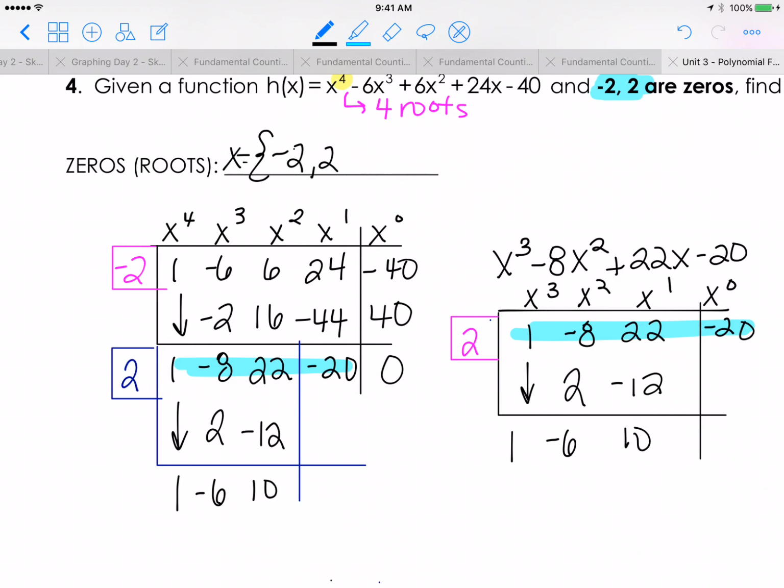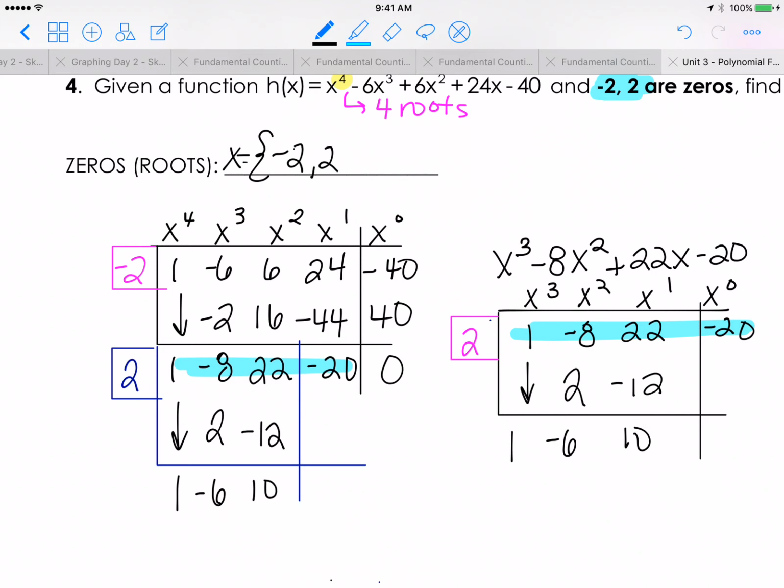So now it's been a cubic, now it's going to be a quadratic. So you get x squared minus 6x plus 10. Now you can ask yourself, can this be factored? And it doesn't look like it. I don't know of any factors of 10 that are going to add to give you a negative 6. So this is where you use your quadratic formula again.